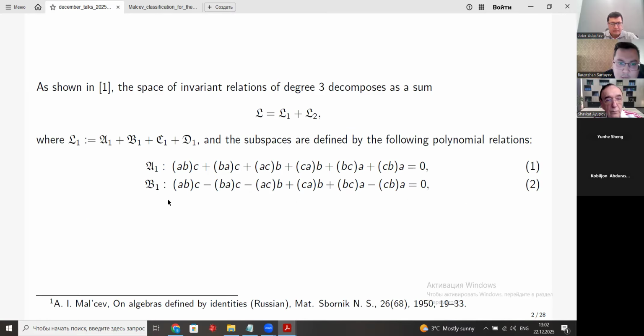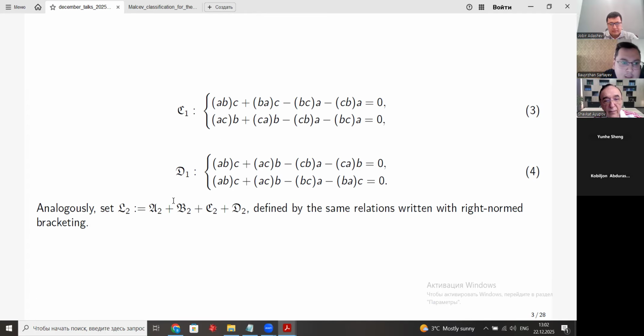As you see, A1 and B1 are just one-dimensional, and analogically we set L2, which is the direct sum of A2 plus B2 plus C2 plus D2. The definition is the same as for A1, B1, C1, D1. The difference is that in A1, B1, C1, D1 there was the left normed bracket, and here in the case of L2 we just replace it with the right bracket.